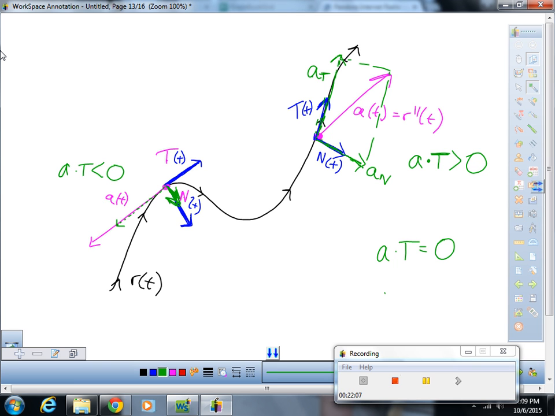Does that make sense? So curvature is going to be defined as how much a unit tangent vector changes over the distance of a curve. And so we're going to use T of t and N of t to find curvature. That's coming up next.